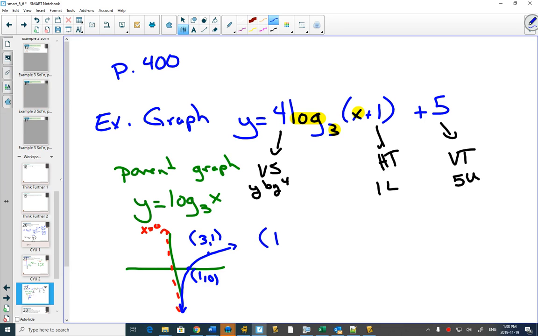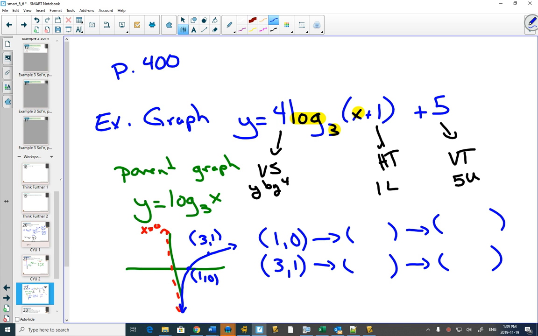So how did we set this up in our transformations unit? We said, okay, I have the points (1, 0), (3, 1), set up 2 sets of arrows, stretches and compressions first. Well, the only stretch I have is y by 4. Translations, 1 to the left, 5 up.